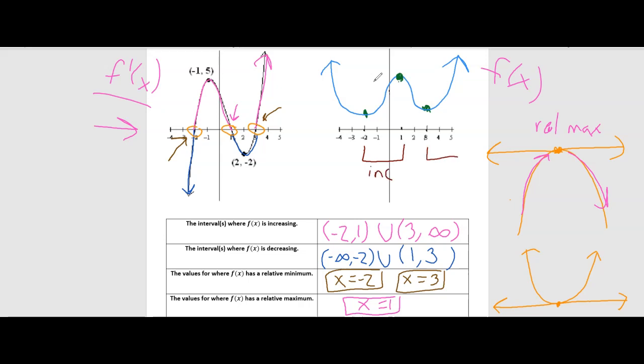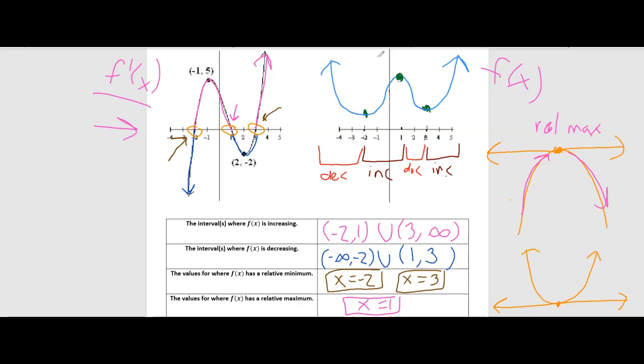And from 3 to infinity, that also checks out. So it's increasing over those two intervals. It's decreasing from -infinity to -2 and from 1 to 3. Okay, so that works out.